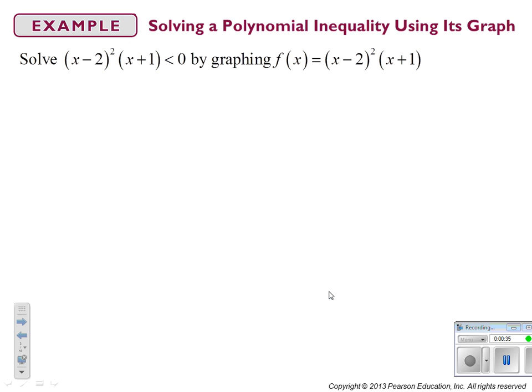So if we had (x minus 2) squared times (x plus 1) less than 0, we're going to solve it by graphing. So we input (x minus 2) squared, (x plus 1).